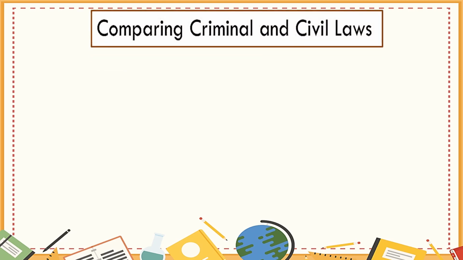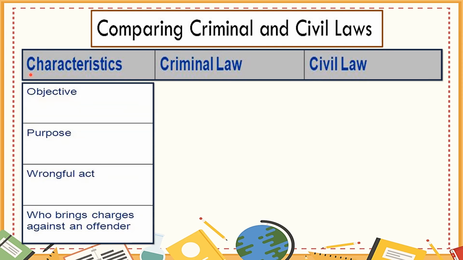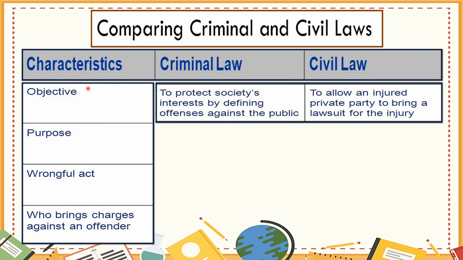Okay, class, now let us compare criminal and civil laws by stating the characteristics of criminal law and civil law in its objective, purpose, wrongful act, and who brings charges against an offender. So, first one, objective. In criminal law, they protect society's interest by defining offenses against the public, and in civil law, allow an injured private party to bring a lawsuit for the injury.